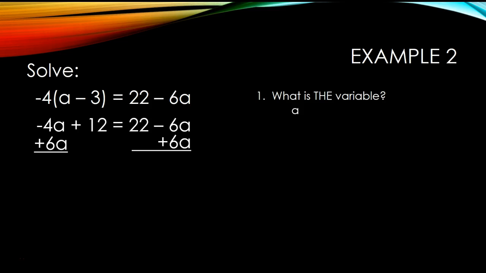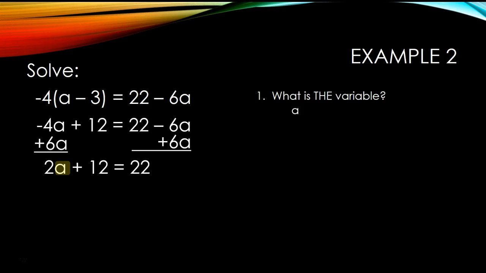Combine like terms and simplify will result in 2a plus 12 equals 22. Now there is only one variable that I will solve for.